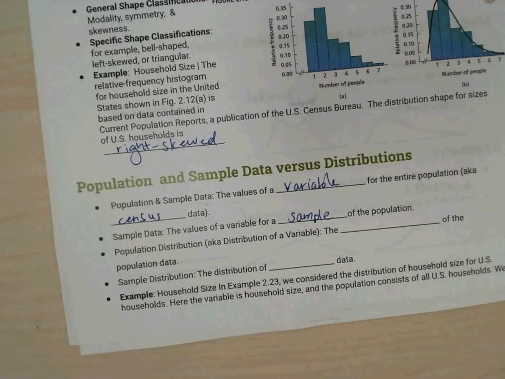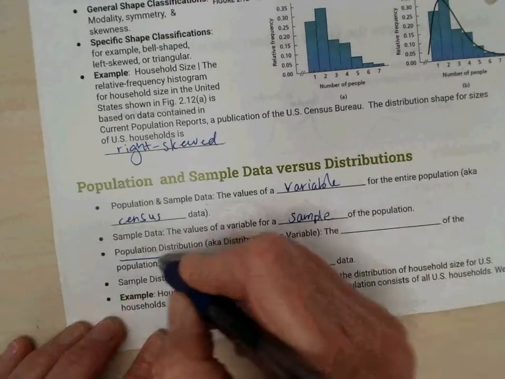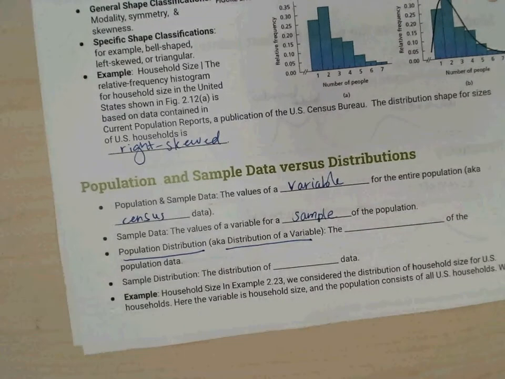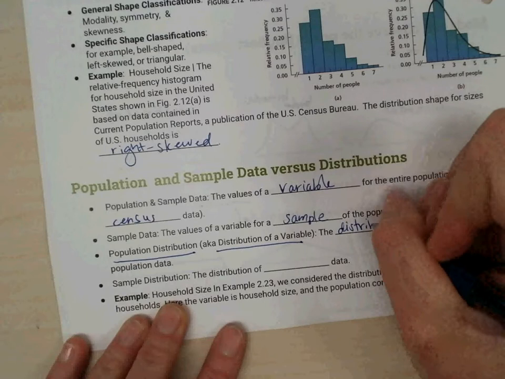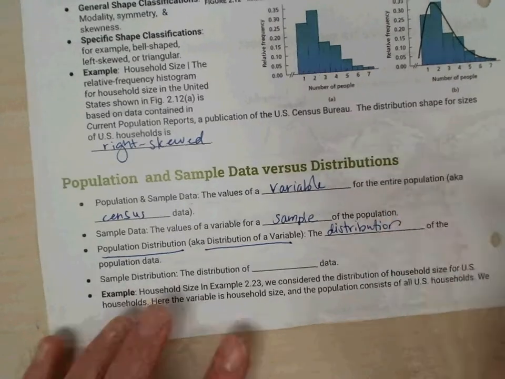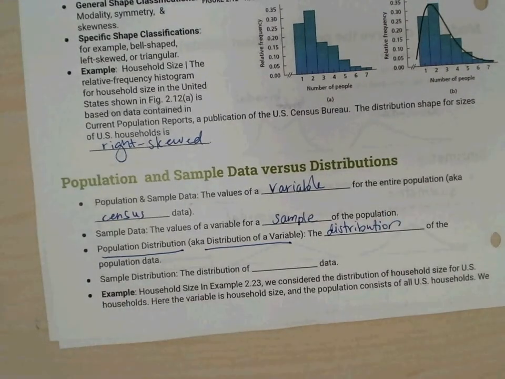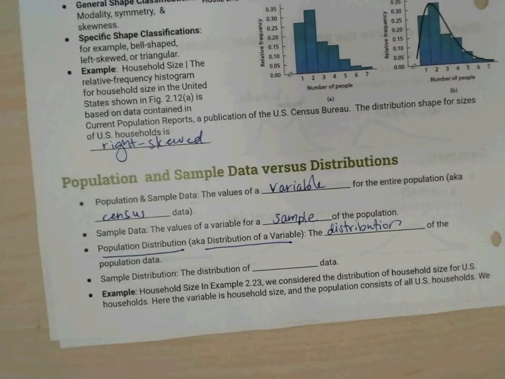Population distribution, AKA distribution of a variable. Note that these are synonymous, population distribution and distribution of a variable. That would be the distribution of the population data. So when we create that histogram and we have all of the population data, then it's called a population distribution or a distribution of the variable.